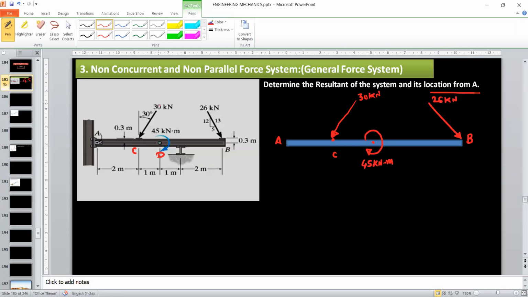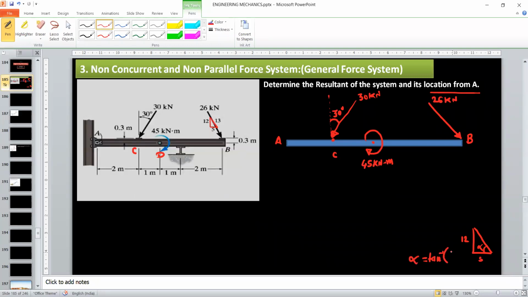Now for 30 kilonewton, the angle is given with respect to the y-axis. So this angle is given as 30 degrees. But for 26, the angle is not given. You can find this angle from this dimension. So this is 12 and this is 5, and this angle is alpha. You can use tan inverse to get the value of alpha.